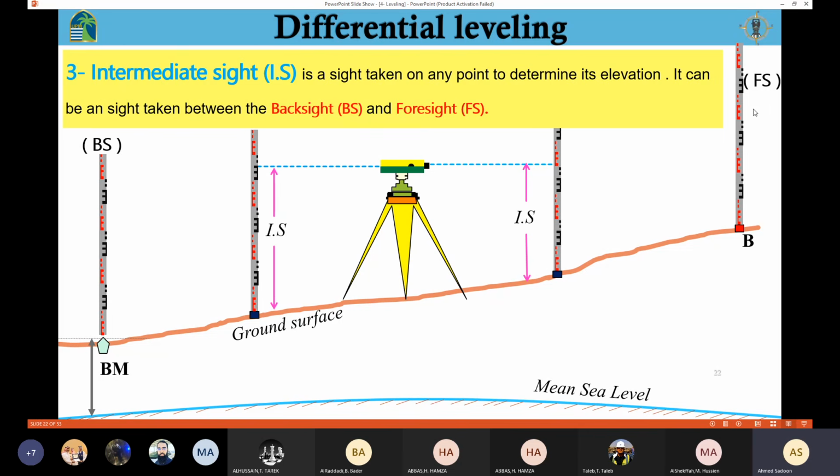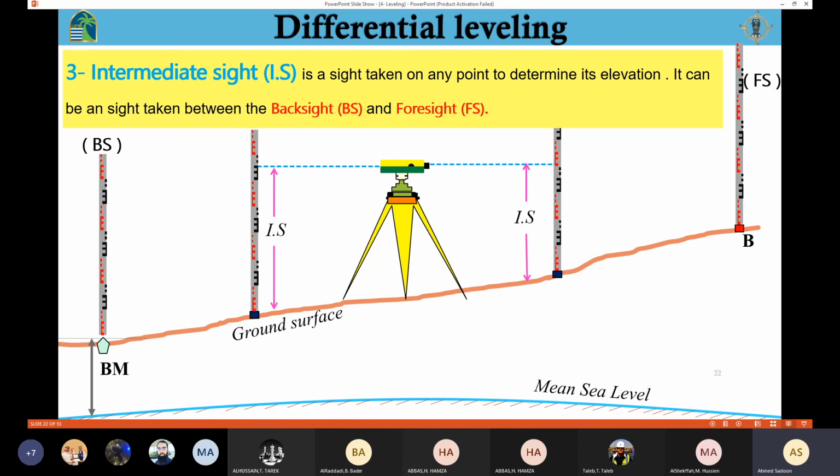And this one is similar to the foresight, except that the foresight is the last reading. The foresight is the last reading before I move the instrument. So it's a very important difference between the intermediate sight and the foresight. For the intermediate sight and for the foresight, the staff is going to be placed on a point we don't know its elevation.